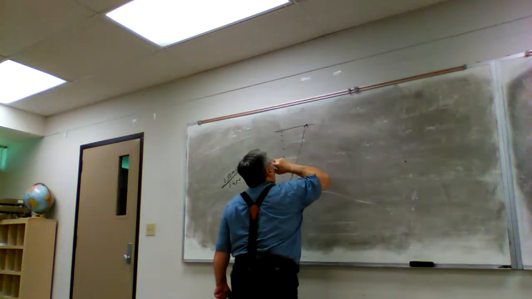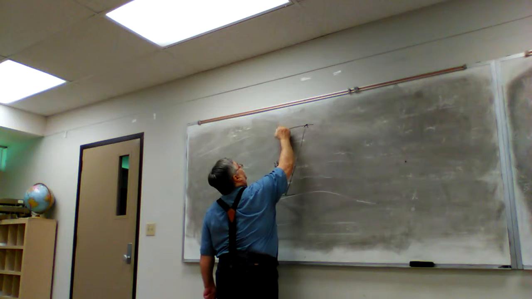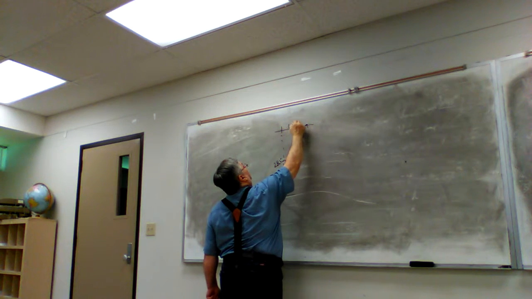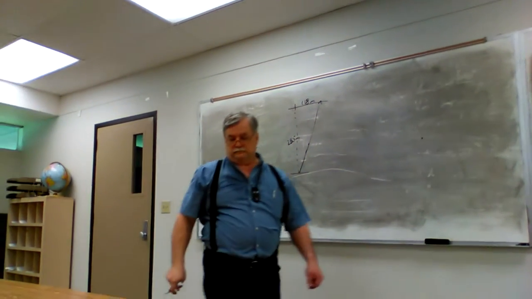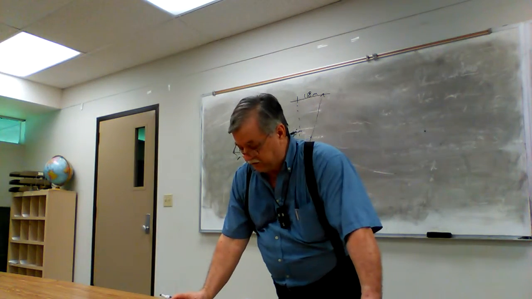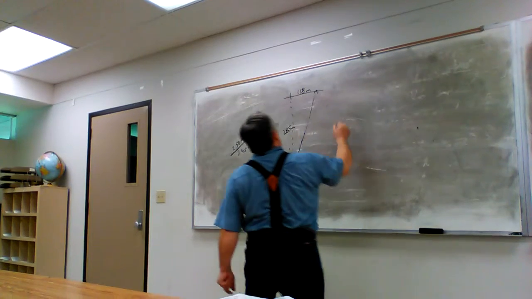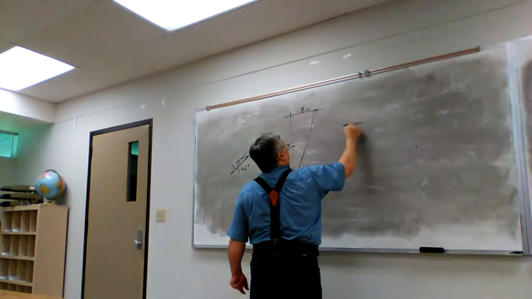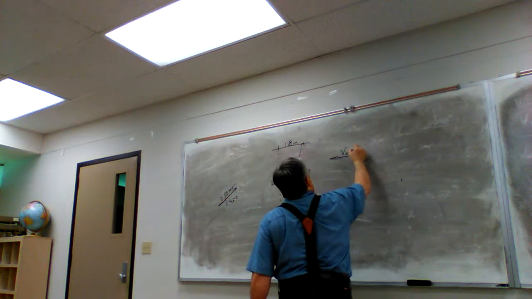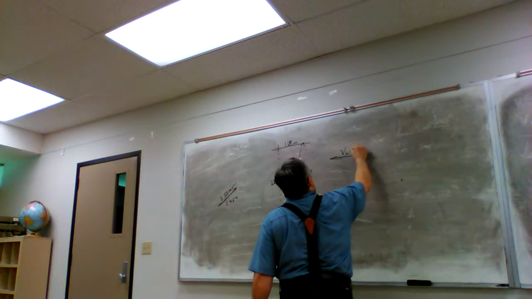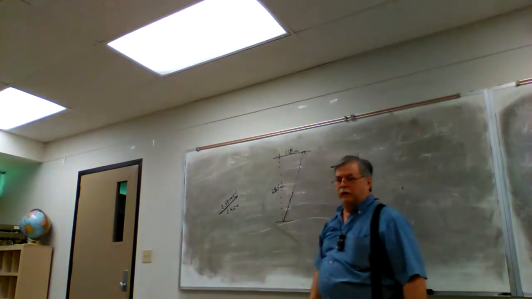The resultant path is 118 meters upstream, because the river current is flowing this way. And that is unknown. That's what we've got to solve for.